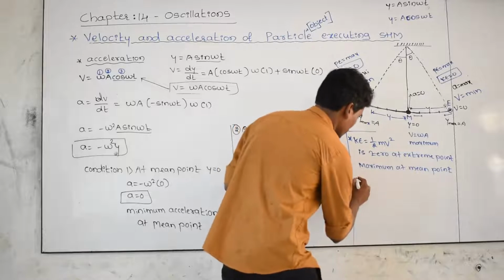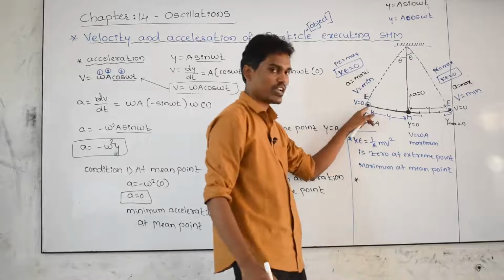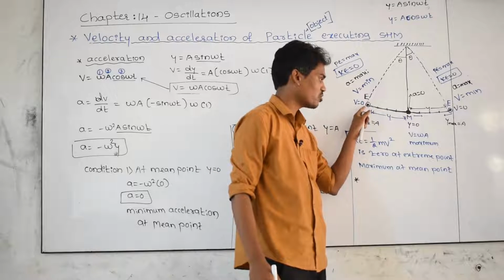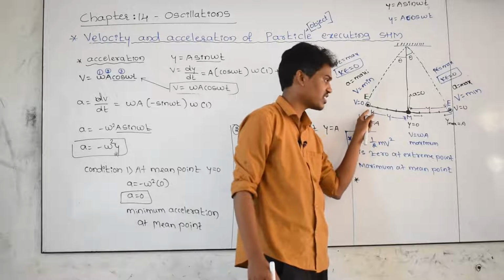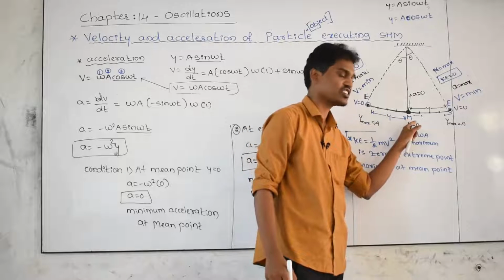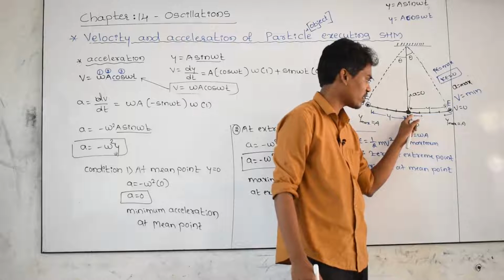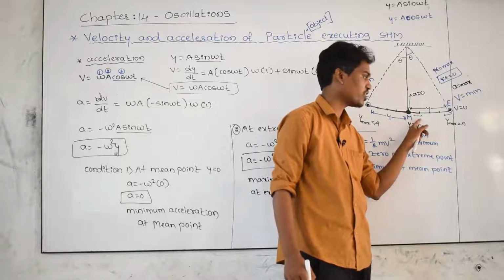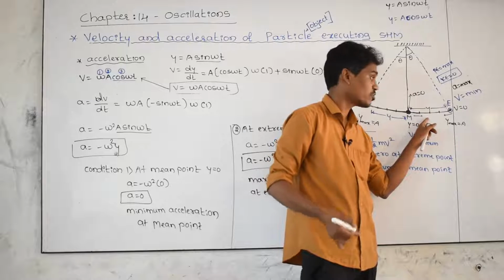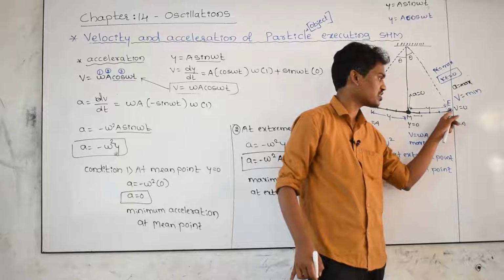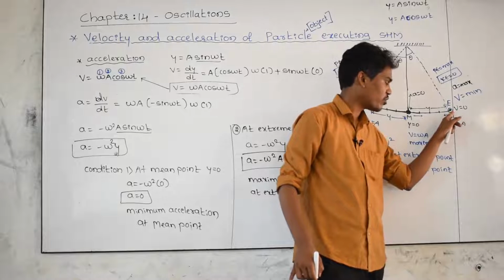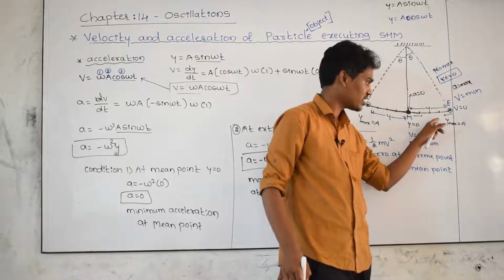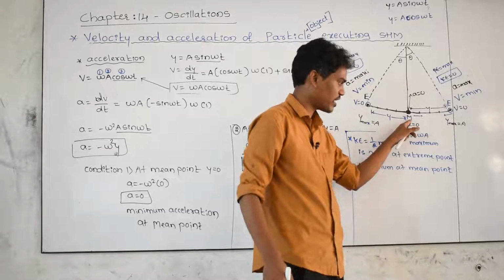And what about potential energy? Here potential energy is maximum. As the body moves towards the mean point, its velocity goes on increasing, which means kinetic energy goes on increasing and potential energy goes on decreasing. Once the body crosses the mean point, velocity goes on decreasing, then kinetic energy goes on decreasing, and potential energy goes on increasing. At this point potential energy becomes maximum. Again if the body is in this direction, potential energy goes on decreasing and kinetic energy increases. At this point kinetic energy is maximum.